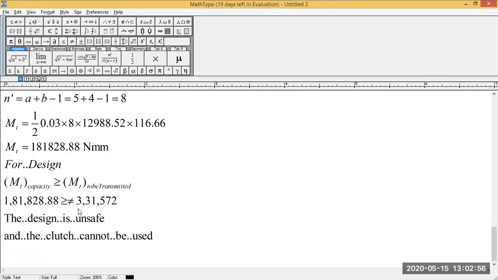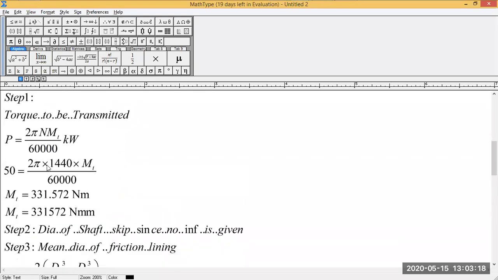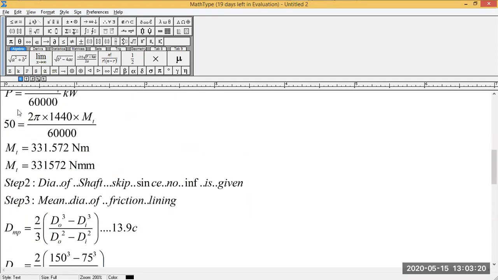Suppose you want to rectify this. That means you need to lower this value, right?